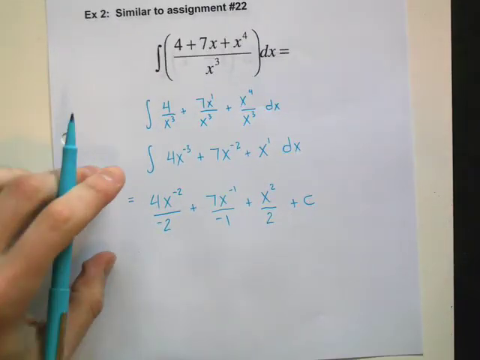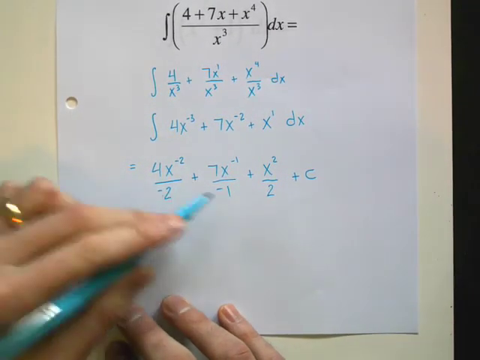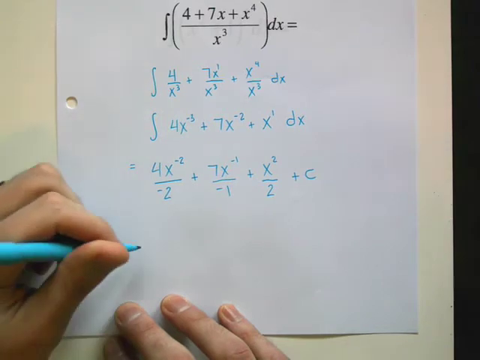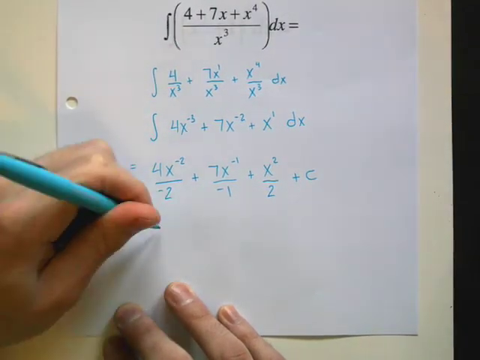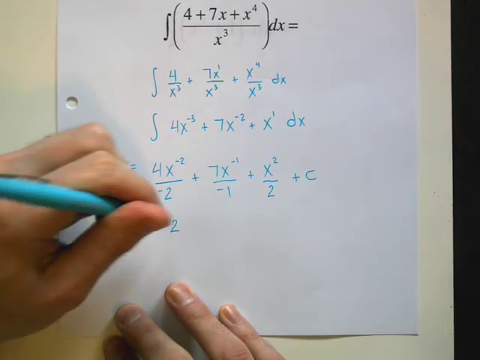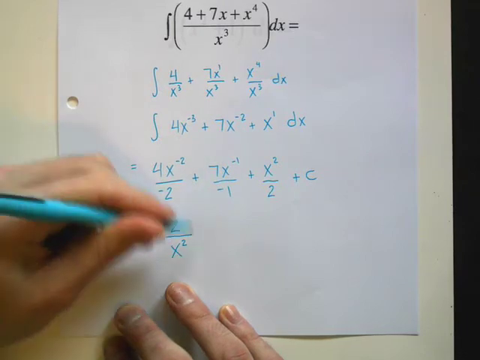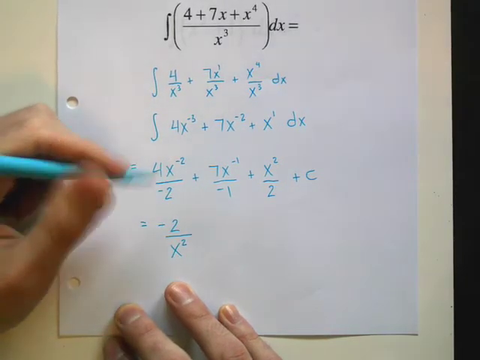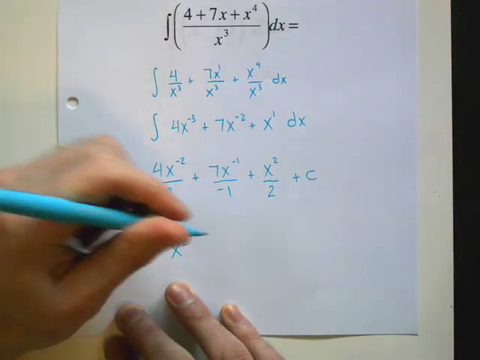All right, we're almost there. We just have to get rid of these negative exponents and simplify some of these positive and negative signs here. So what this is going to end up being is 4 divided by negative 2 is negative 2. I'm going to take my exponent and make it positive, put it in the denominator. Negative 2 is in the numerator, make it positive by putting it in the denominator.